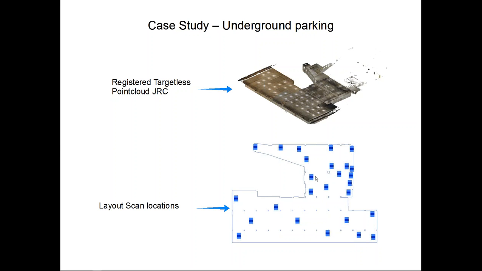Renouncing targets is not the only benefit that we get. With the previous workflows, we had the necessity to have with us a surveyor who at all times, for each scan position, would measure at least 3 targets. These targets would be seen by both the scanner and the total station.